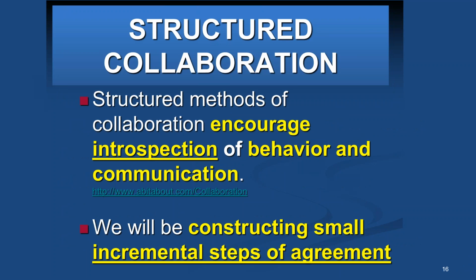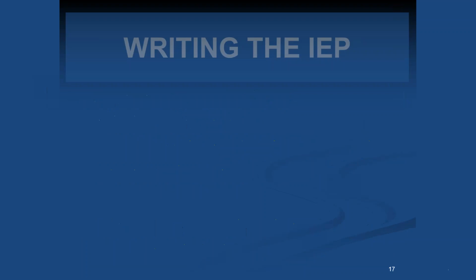And the second point of structured collaboration, we're not building an IEP in mass, we're taking it in small steps of agreement. And like any project, first step to maybe 1,000 steps, but if we do it in small steps and we agree, then it's much easier to build the IEP. Okay, that's the basic idea behind it.